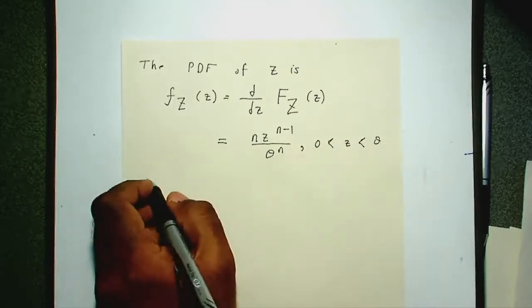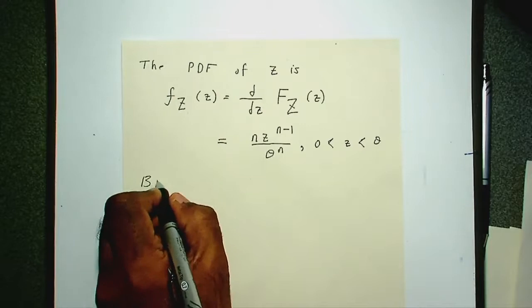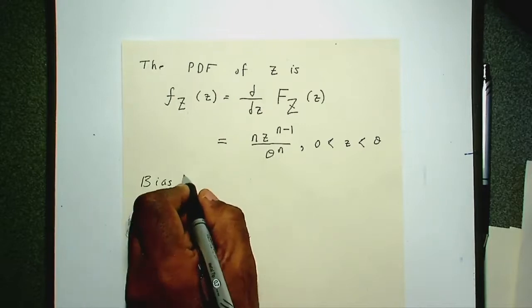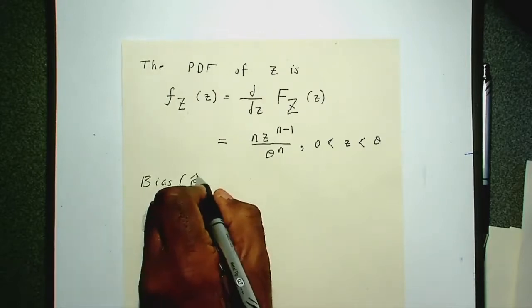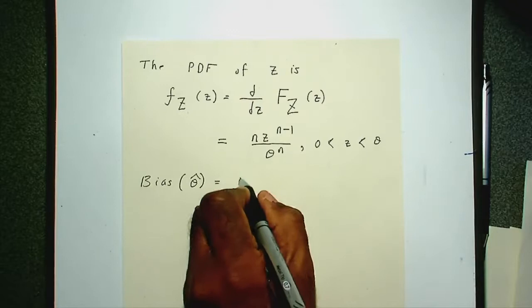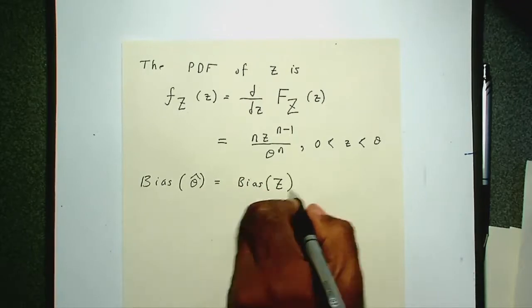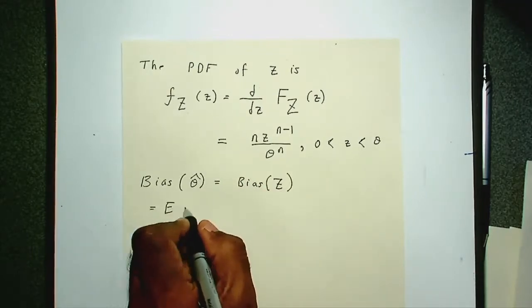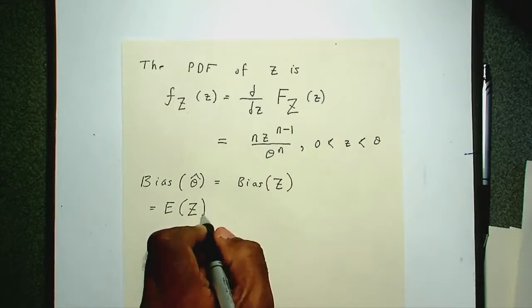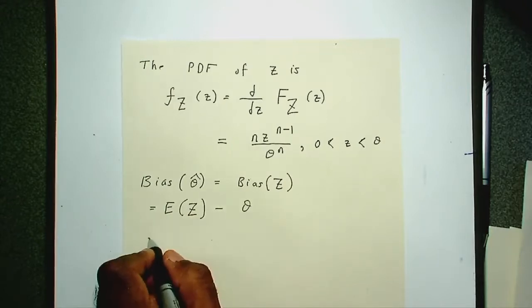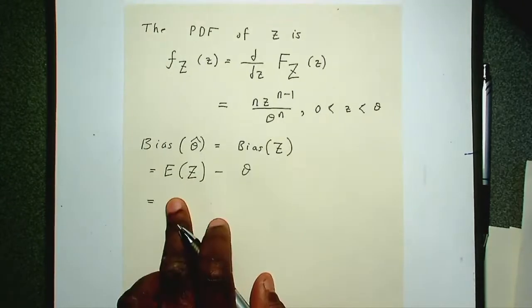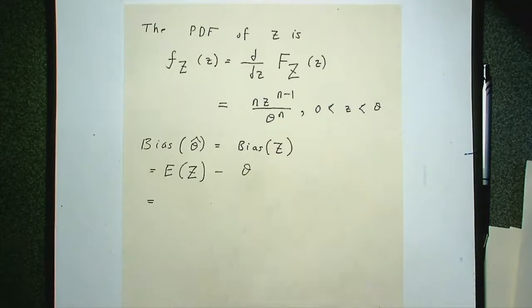Okay, now the next step is to find the bias. Remember, the bias of theta hat, which is the bias of Z, is the expectation of Z minus theta. Now to find the expectation of Z, you just need to integrate this guy here, right?